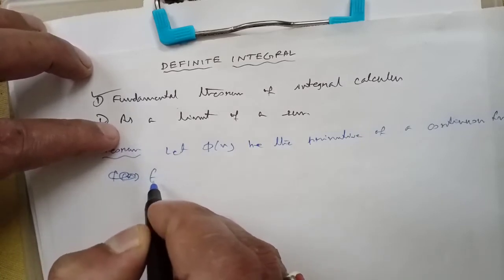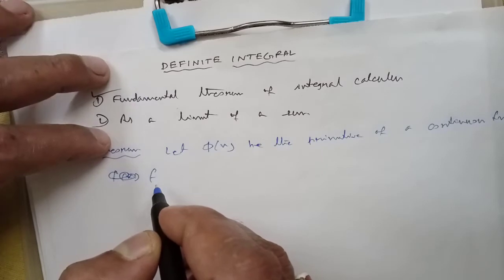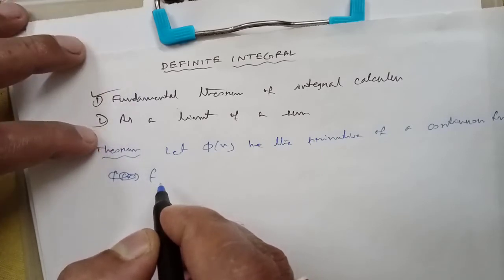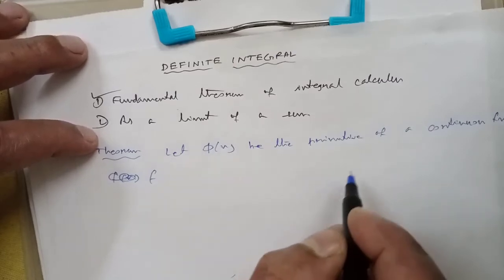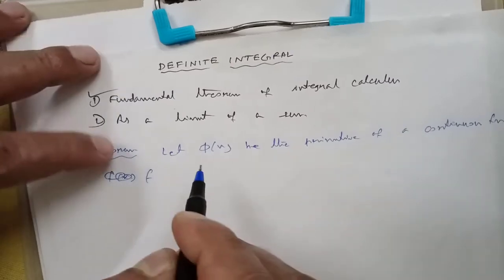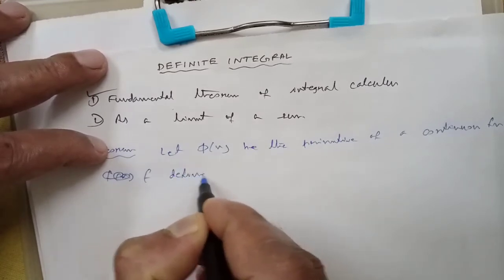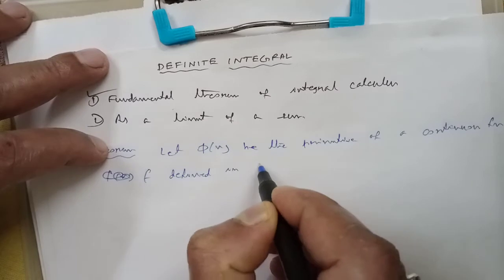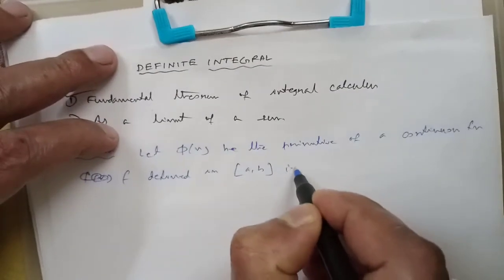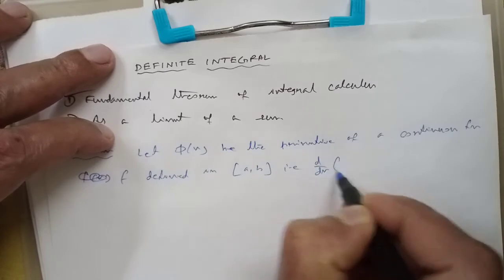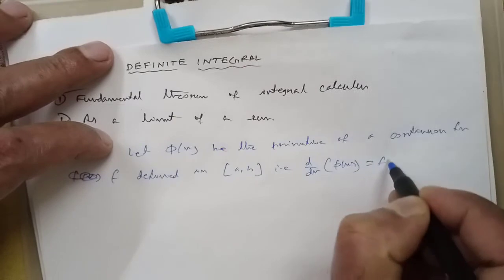Fx is not a function, fx is the image of x under the mapping f. So let phi x be the primitive of a continuous function f defined in closed interval ab, that is d/dx of phi x is fx.